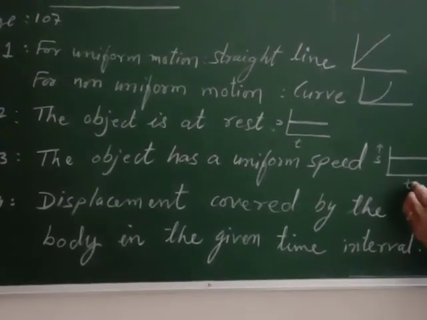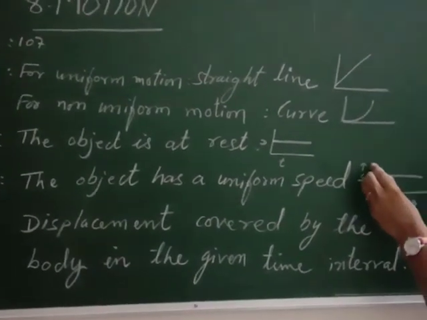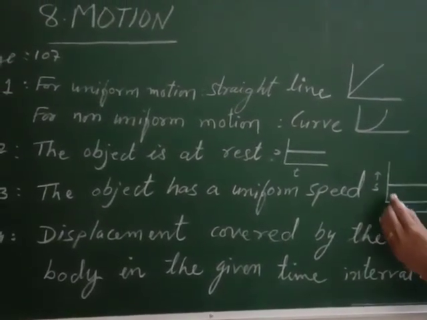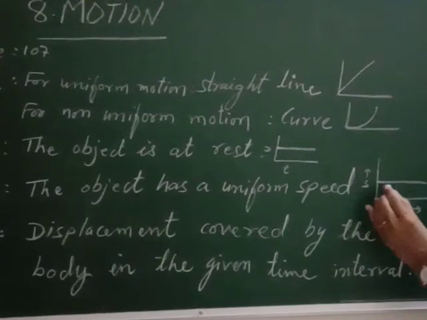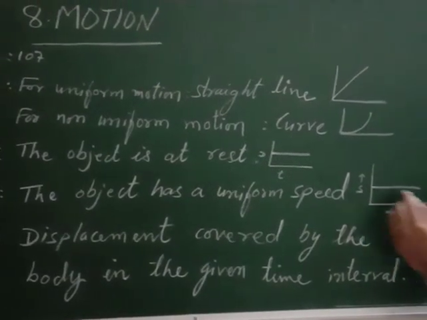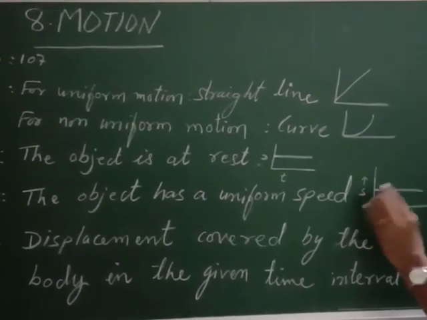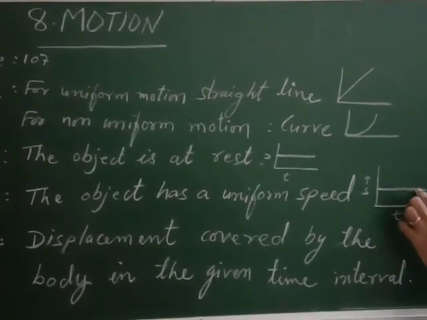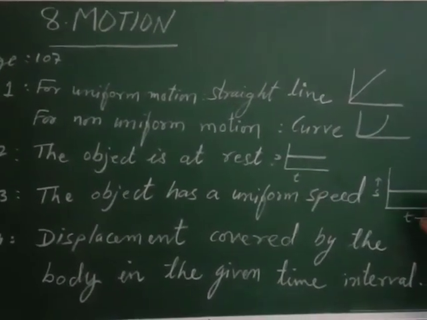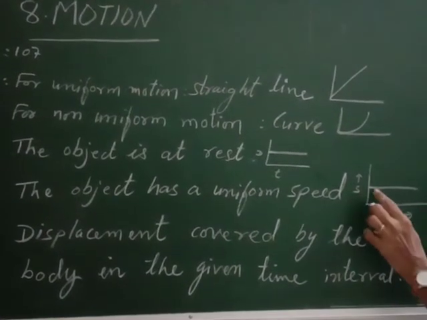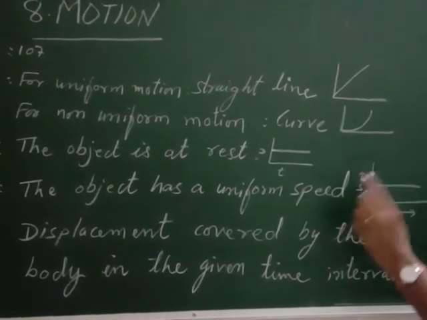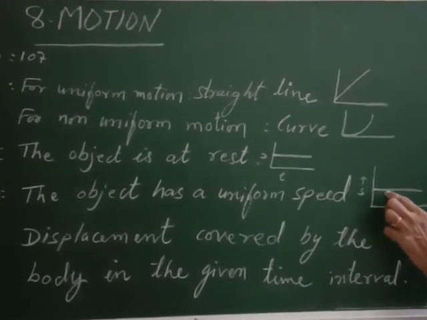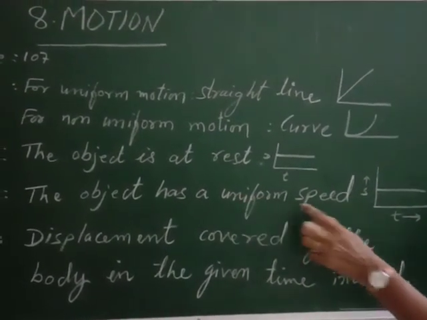In this case, we know that the speed is not increasing. The speed is constant. The time is increasing, but the speed, for example, if the object is moving with 50 km per hour, then it is 50 km per hour throughout. So what type of motion is it? It is uniform motion. That means the object has a uniform speed, its speed is constant.